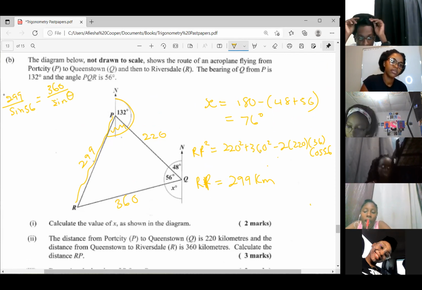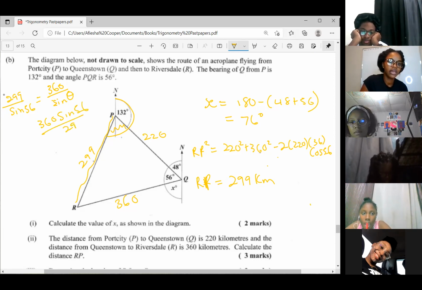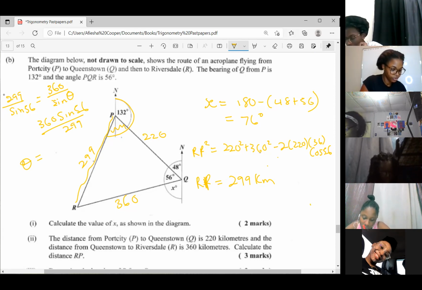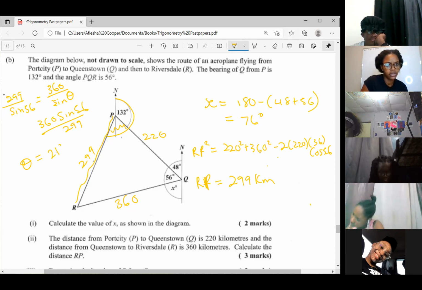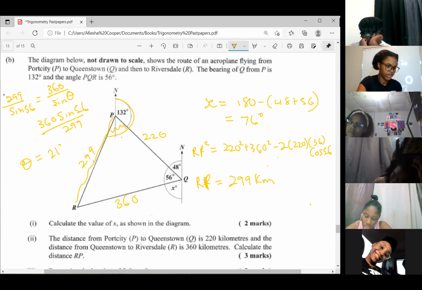How much is that? 360 sine 56 over 299. And theta will be equal to how much? 218.5 degrees. That correct? 360 sine 56 divided by 299.